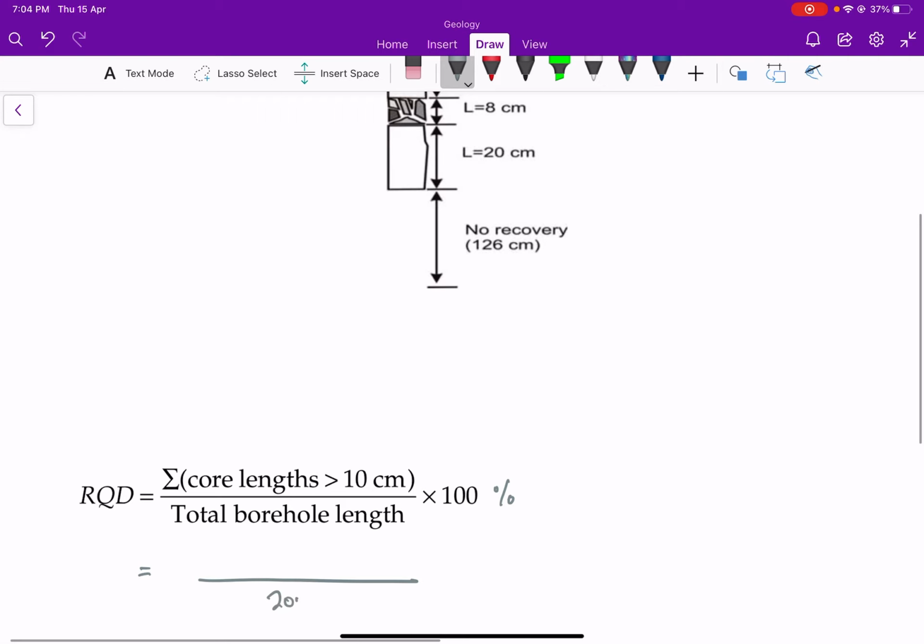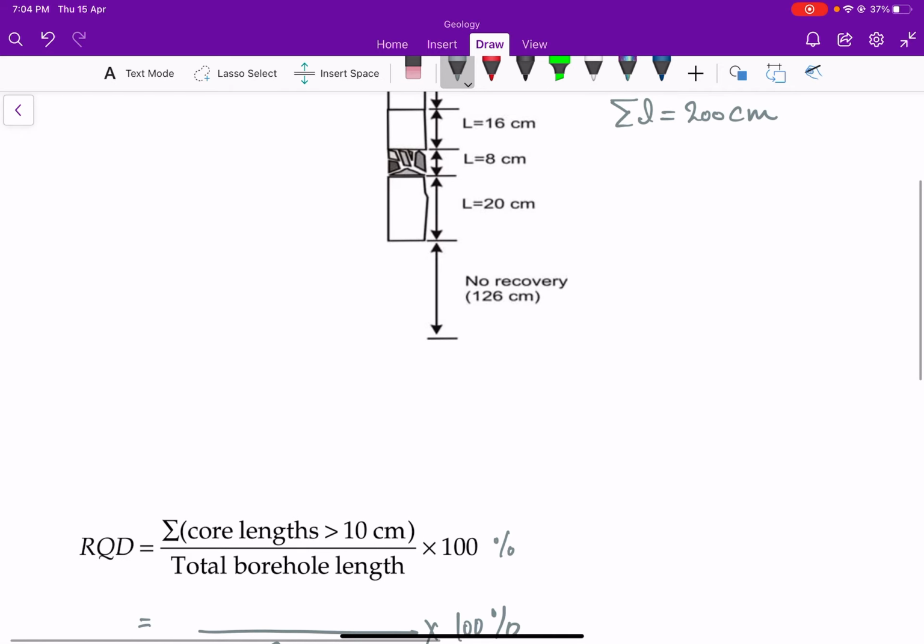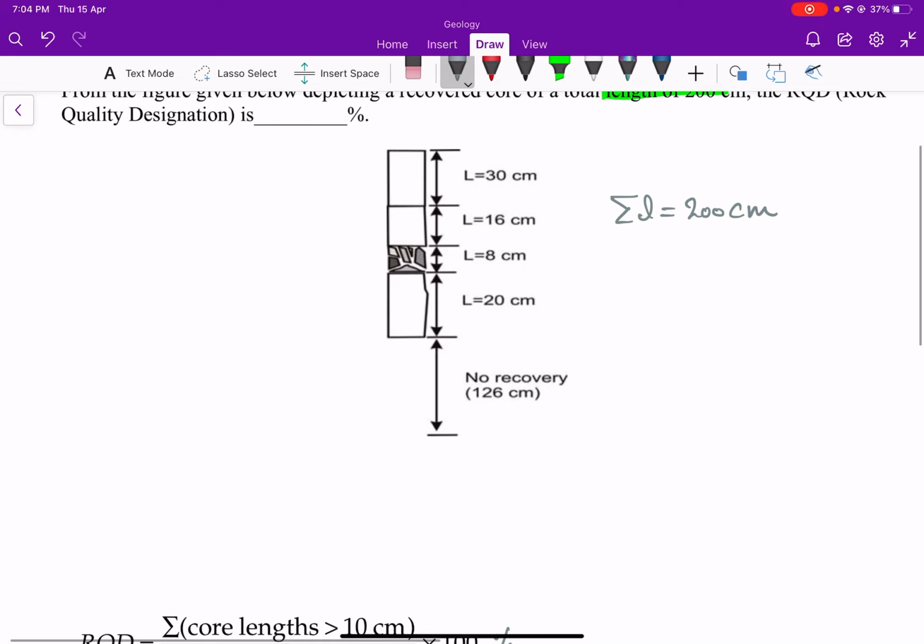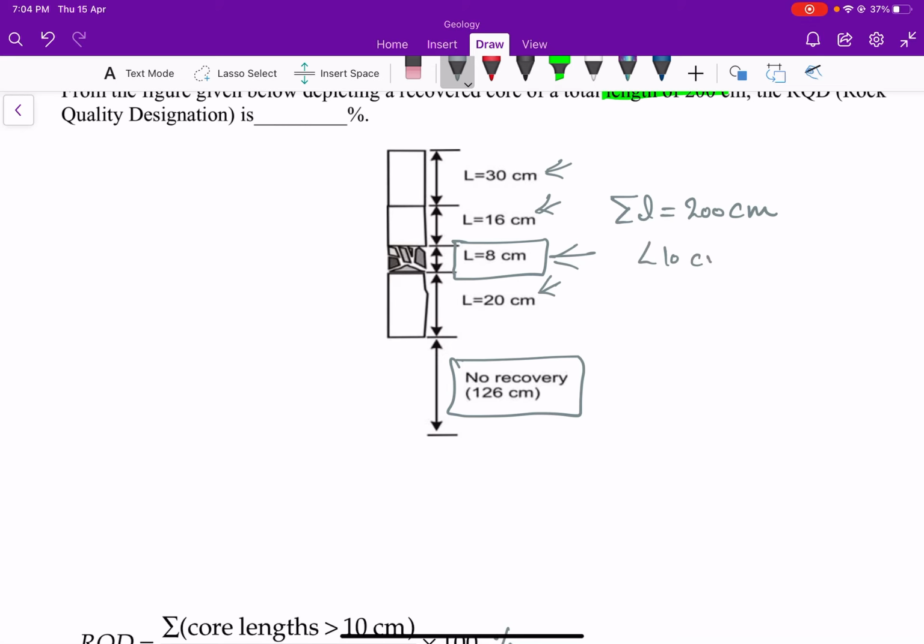200, and 100%. The core lengths greater than 10 centimeter are this one, 30, this one, 16, and this one, 20, and this is not recovered, and this is also not recovered, and this will not be taken because this is less than 10 centimeter.